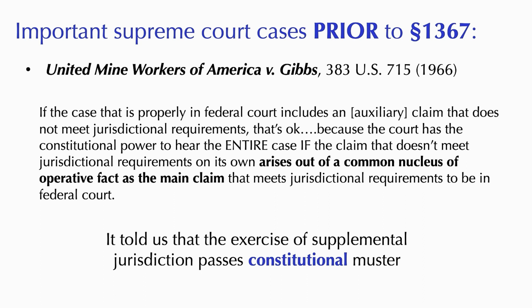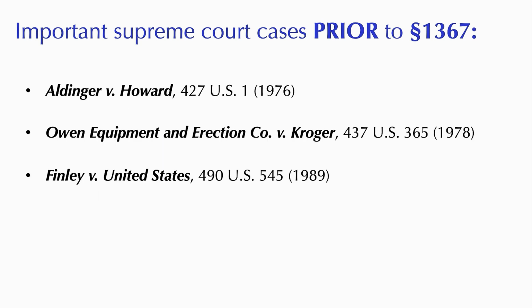That is, that form part of the same case in controversy as the claim that meets jurisdictional requirements to be in federal court. So if the Supreme Court in Gibbs already ruled that a single constitutional case includes these other claims that don't meet jurisdictional requirements, why did Congress pass 1367? Well, in Aldinger, Kroger, and Finley, the Supreme Court emphasized that it was not enough that the federal courts have constitutional power to exercise supplemental jurisdiction over the piggybacked claims.